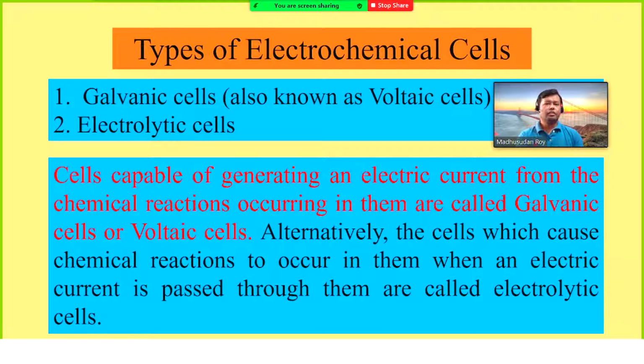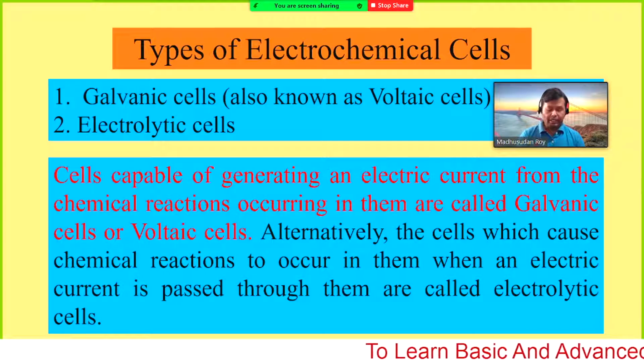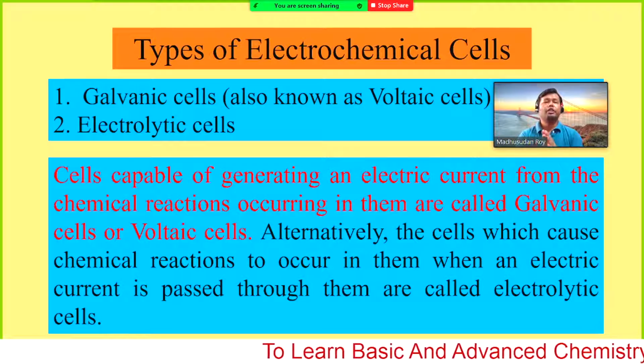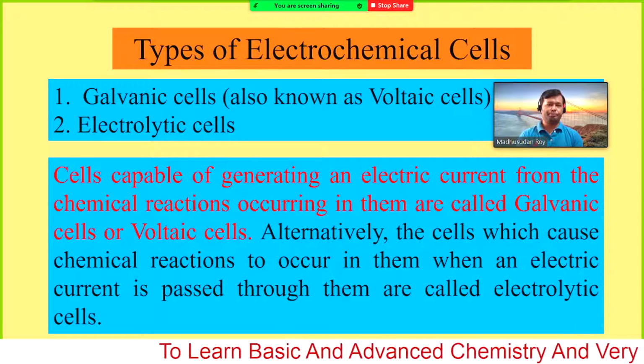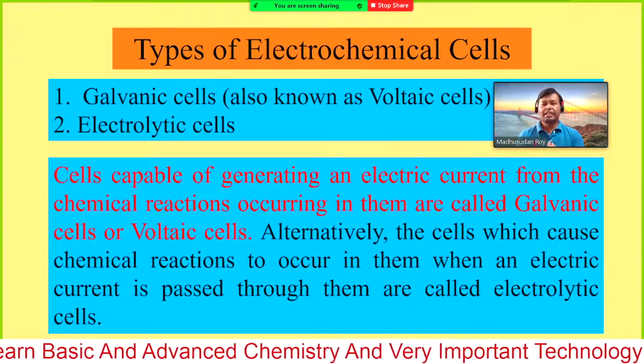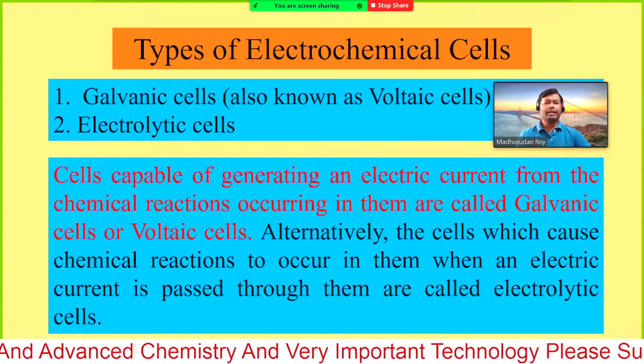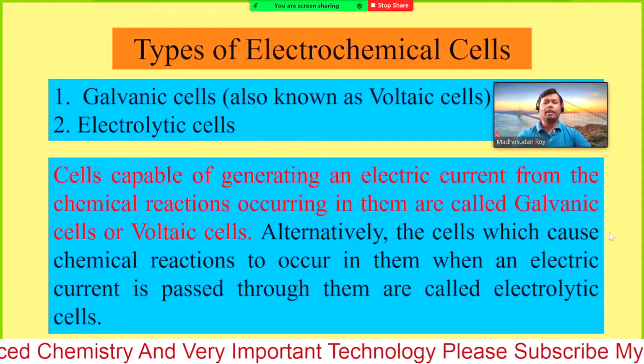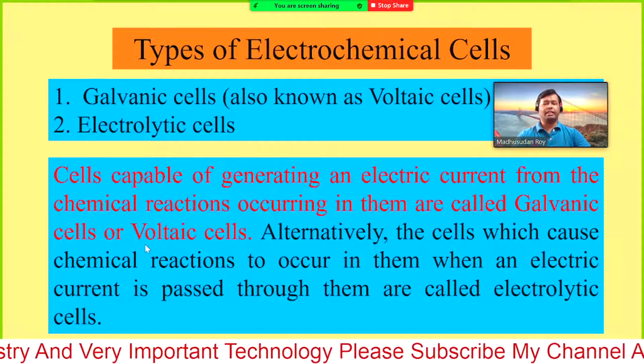Galvanic cell, as you can remember from what I have shown in the dry cell. In a galvanic cell, some chemical reaction produces some energy or electricity. So cells capable of generating an electric current from the chemical reactions occurring in them are called galvanic cells.